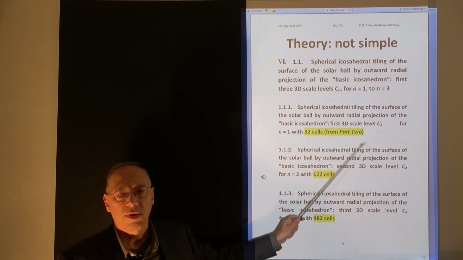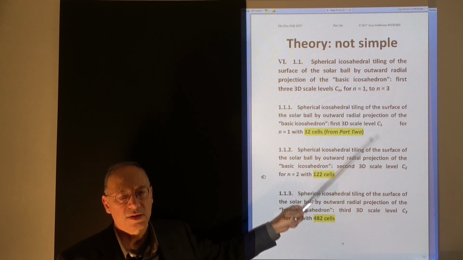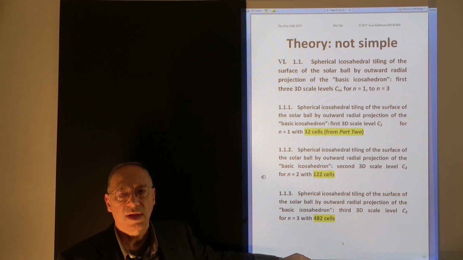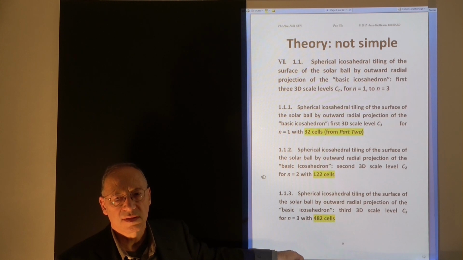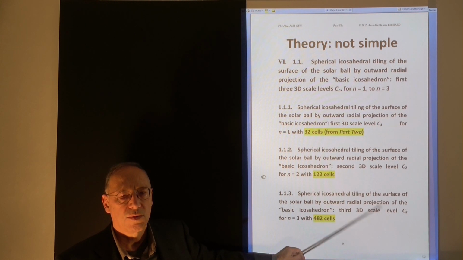We have a number of levels of bisection of the icosahedron's arc edge from n equals 1 to 3 first. Here we obtain with n equals 1, 32 cells, with n equals 2, 122 cells overall, and with n equals 3, 482 cells.